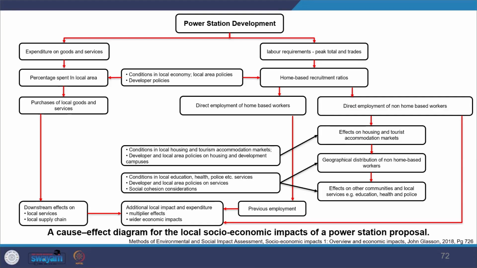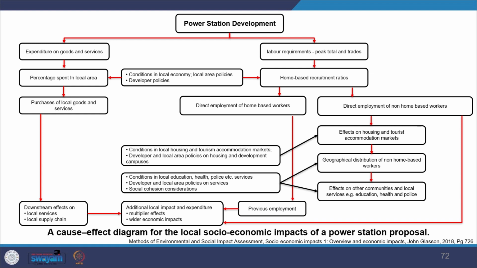And then the other method would be the cause-effect relationship, and you will be looking at different aspects which will be involved. So here you can see one of the diagrams, a causal effect diagram for local socio-economic impact, with the example of power stations.